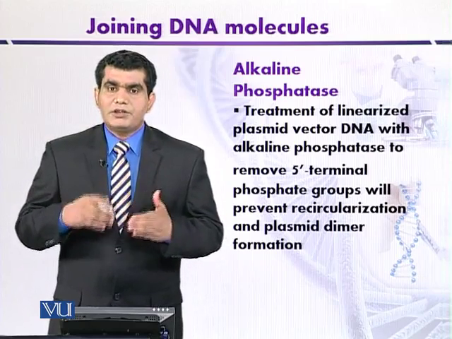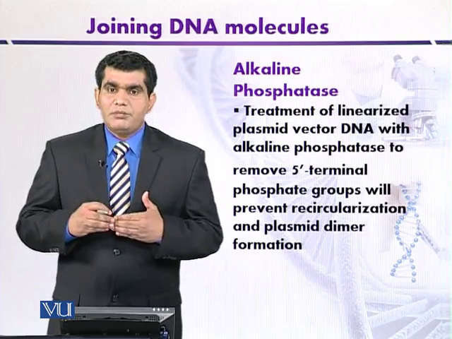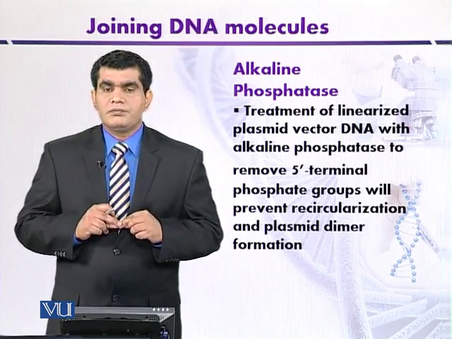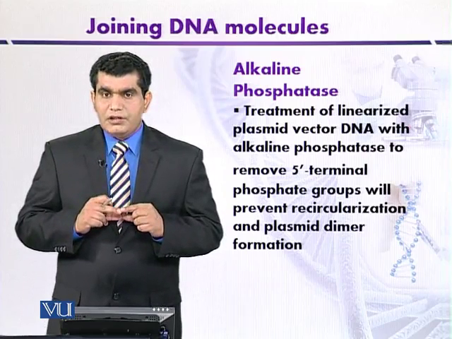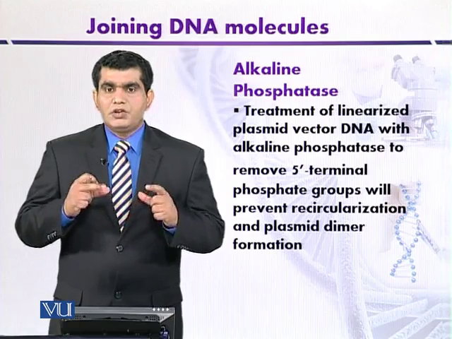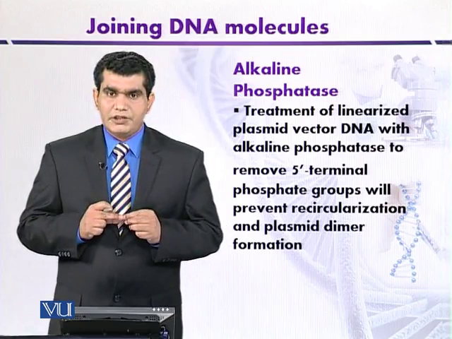So by treating with alkaline phosphatase, one can prevent the recircularization of the vector DNA as well as the dimer formation. Dimer means that two plasmids will not ligate, even if they have sticky ends.